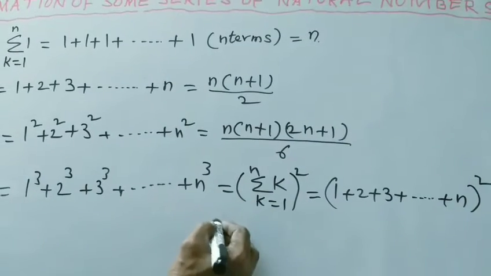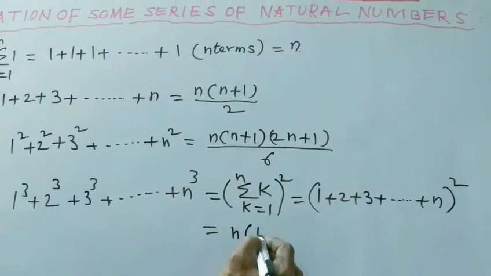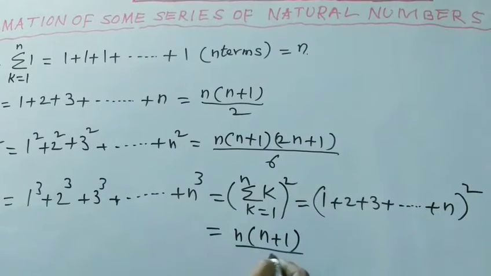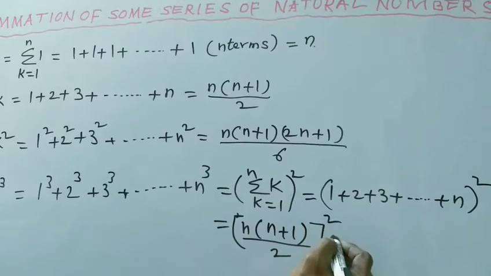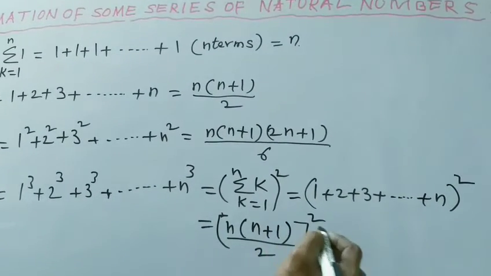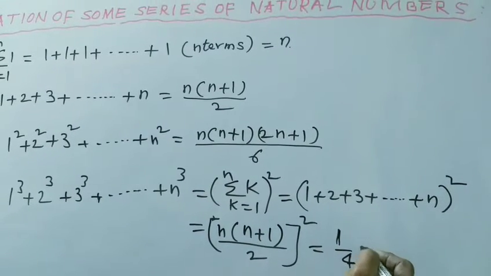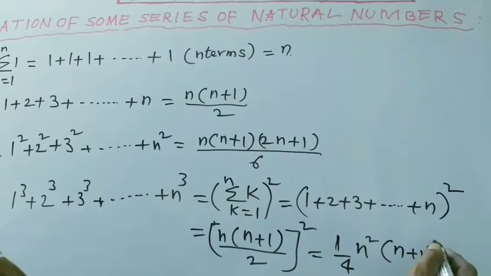This is equal to n into n plus 1 by 2 whole square, or that is equal to 1 by 4 n square of n plus 1 whole square.